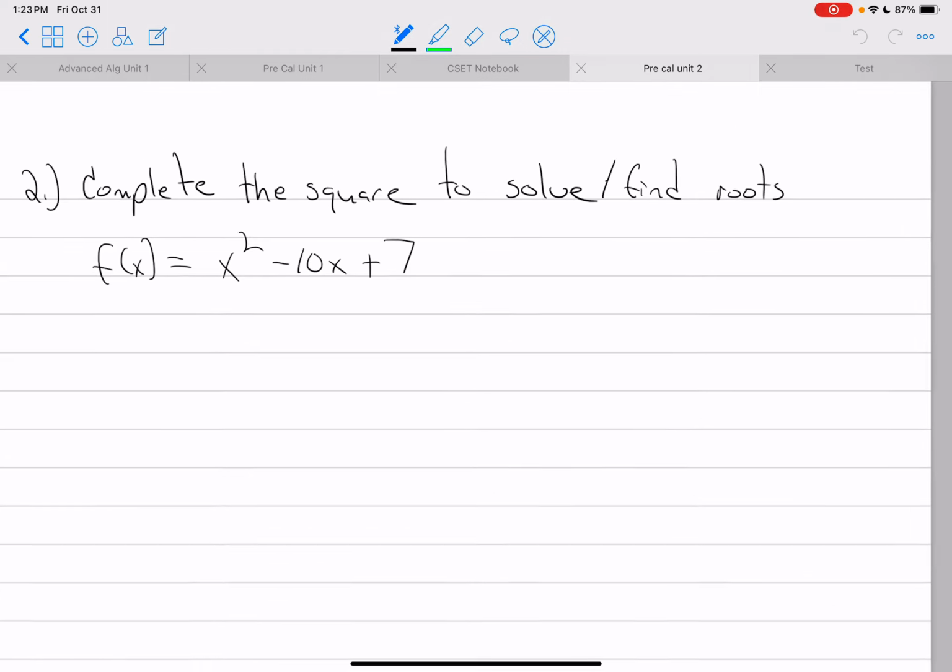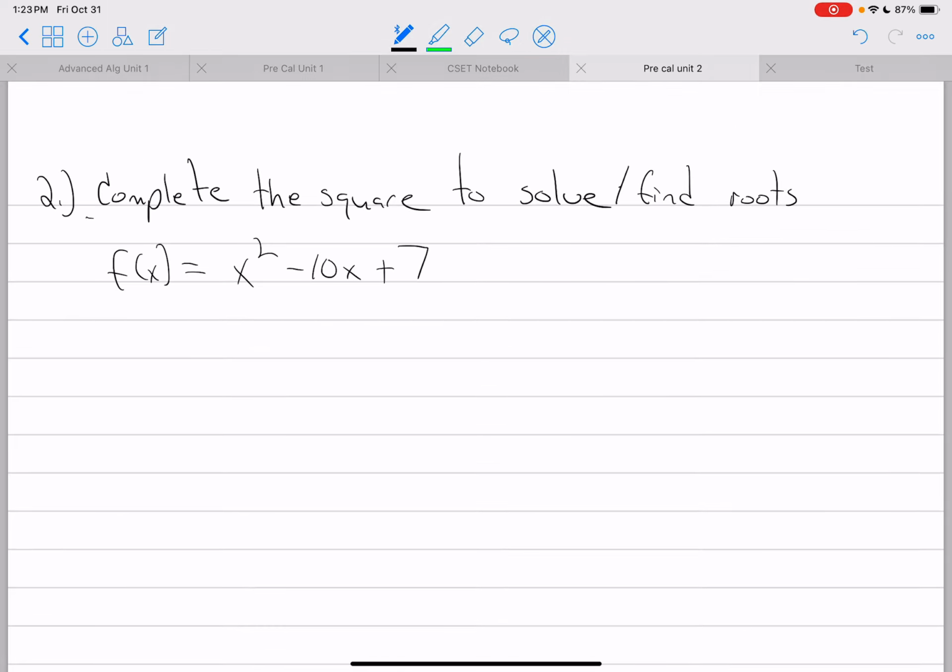Boom. Number 2, complete the square to solve, find the roots. All right, so again, it didn't ask me to change it to vertex form. It asked me to find the roots, so I'm going to go ahead and do that. So if I want to ultimately solve this, roots are when the output is 0.